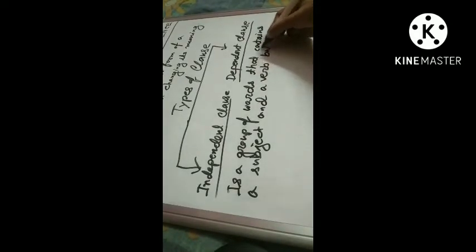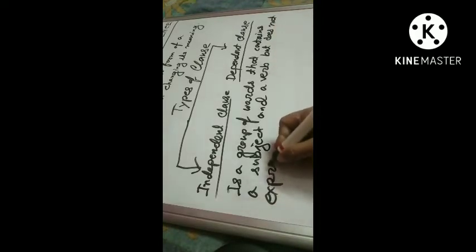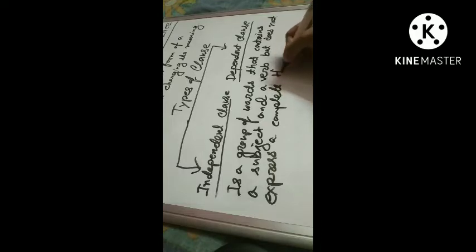But there is a problem, students. It does not express a complete thought. It does not express a complete thought, so it can't be a sentence. Dependent clause can't be a sentence.